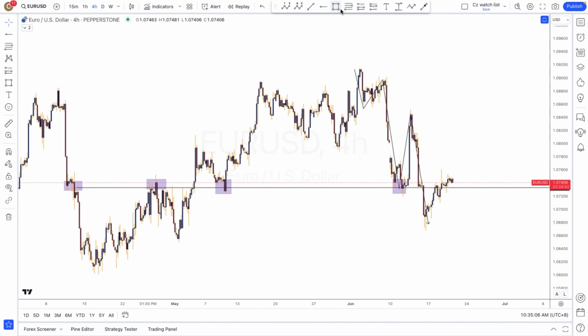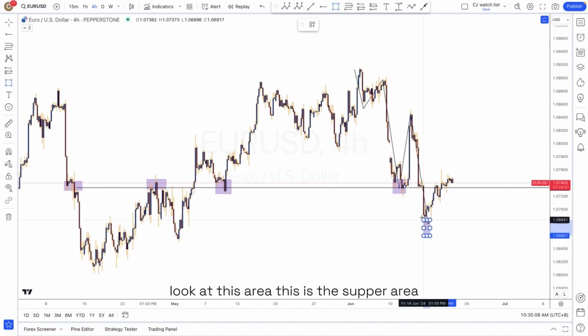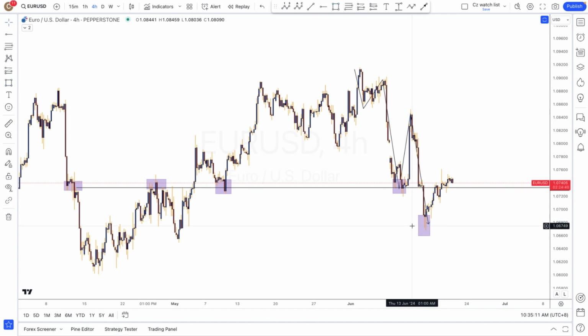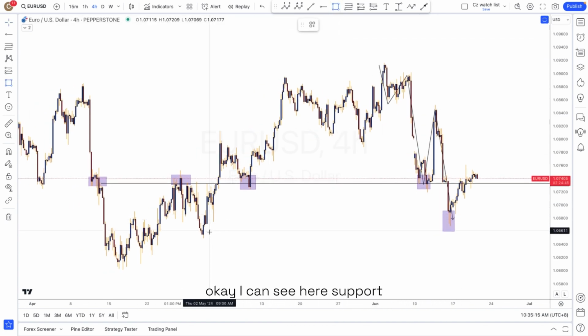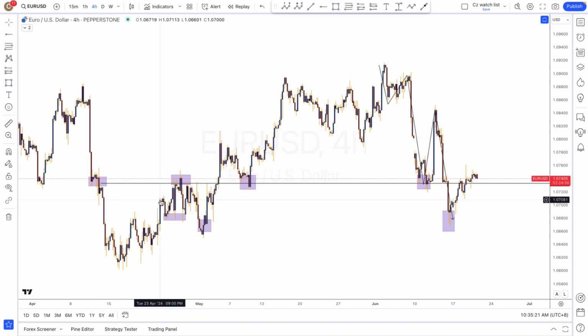Another one, look at this area. This is the support area. So move to the left. Is there any support level as well? Okay, I can see here, support area, but I need to find out the resistance. So where is the resistance? Here is the resistance level.